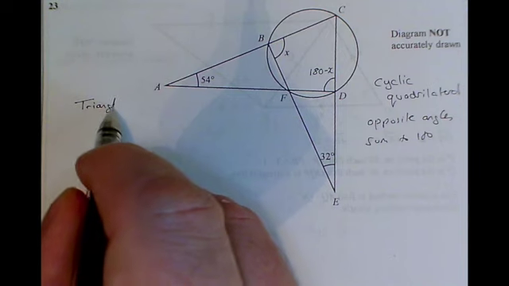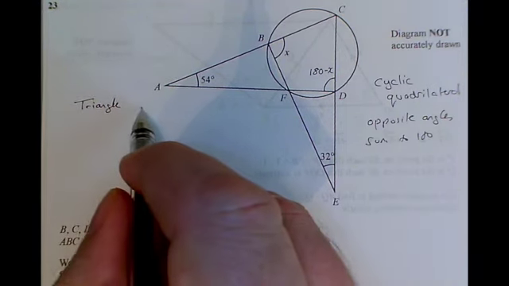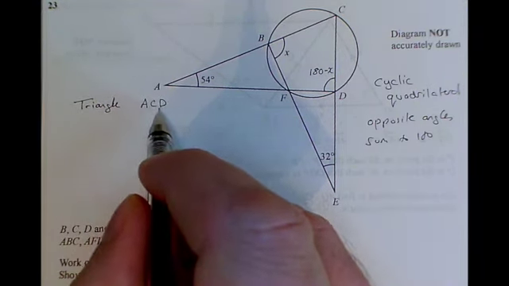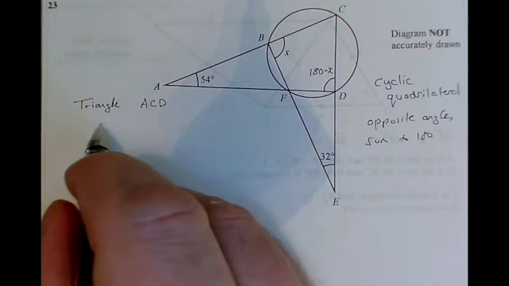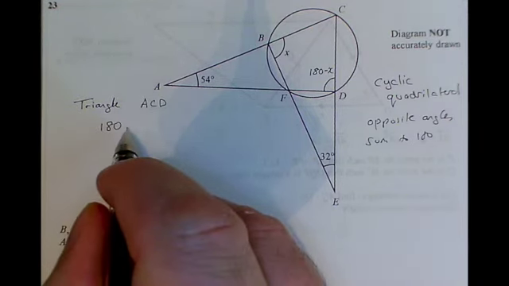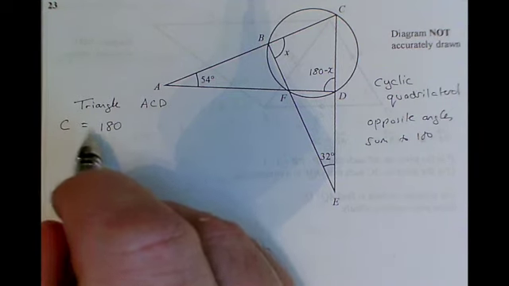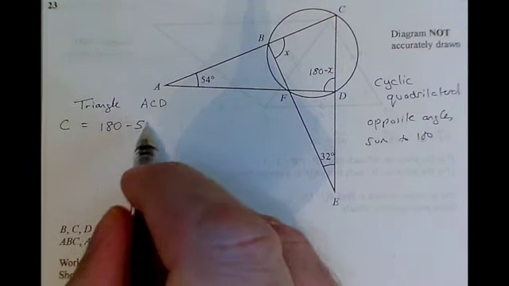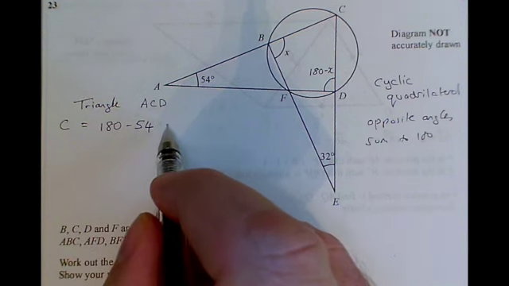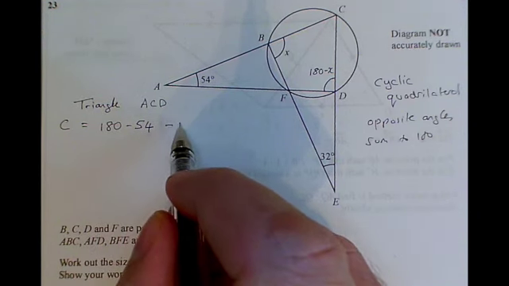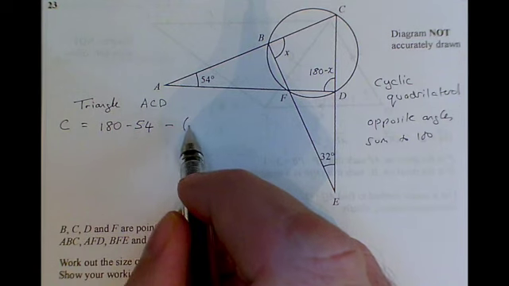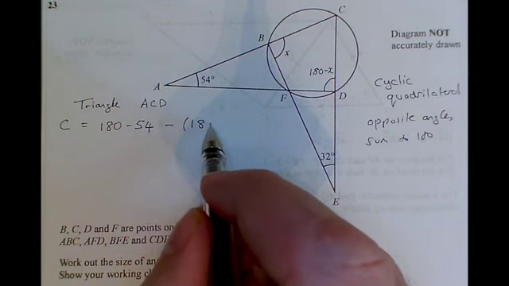So let's look at that triangle ACD first. The reason I'm doing that is because I want to try and find a formula for the angle C. So C, I hope you agree, is going to be the 180 degrees of the triangle, take away 54, take away 180 minus x. And I can tidy that up a bit, can't I?